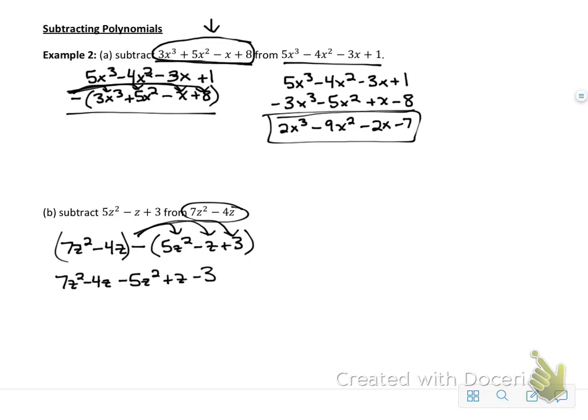And then we can combine our like terms. So let's circle our squares. We have 7 minus 5 is 2z squared. Then we have our just z's. So we have negative 4 plus 1 is negative 3z. And then we're left with a negative 3, so minus 3. And there's your answer.